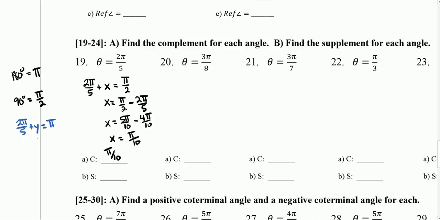Subtract 2 pi over 5, we end up with y is 5 pi over 5, that's our pi, minus 2 pi over 5, which is 3 pi over 5. And we found the complement and the supplement for number 19.